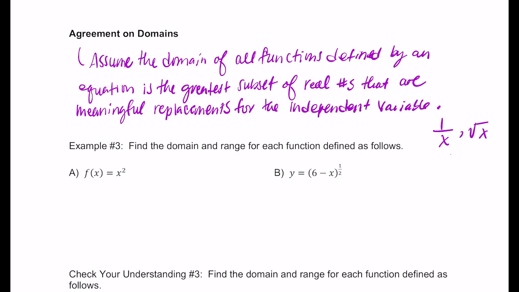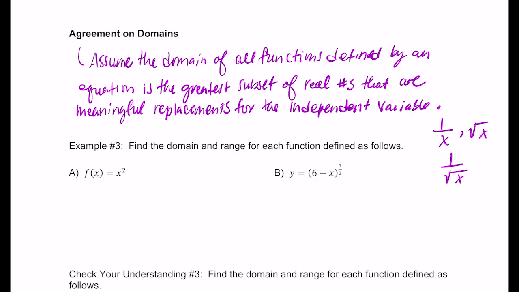Okay, what would happen if I was to take that square root and put it in the denominator? Well, now I can't even include 0 because you've got a square root and it's in the denominator. And we know the denominators can't equal 0. And you can take the square root of 0, but since the square root's in the denominator, you can't use 0. So in that instance, I would need to say the domain is x is greater than 0.